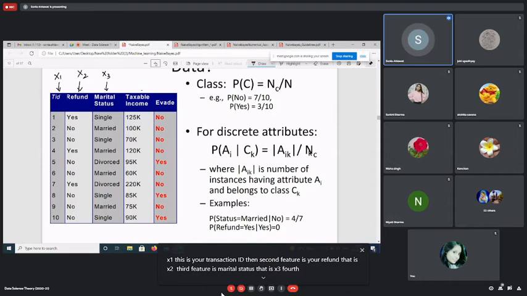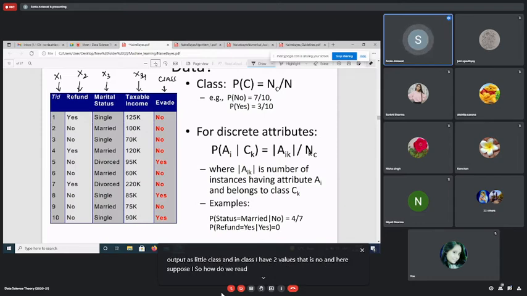Fourth feature is taxable income. And evade is nothing but your target or class. So I have 4 features X1, X2, X3 and X4, and 1 class output, and in class I have 2 values, that is no and yes. सबको दिख रहा है?